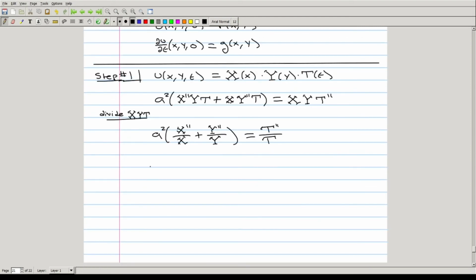Which, just like for the 2D heat equation, we can solve by dividing by a squared. We can solve directly for x prime prime over x, which will be equal to t prime prime over t times a squared, minus y prime prime over y.